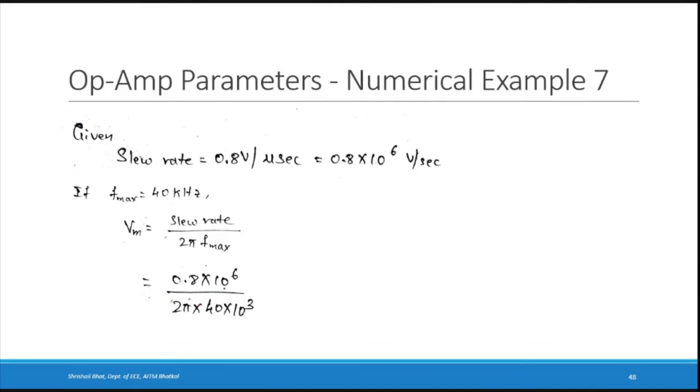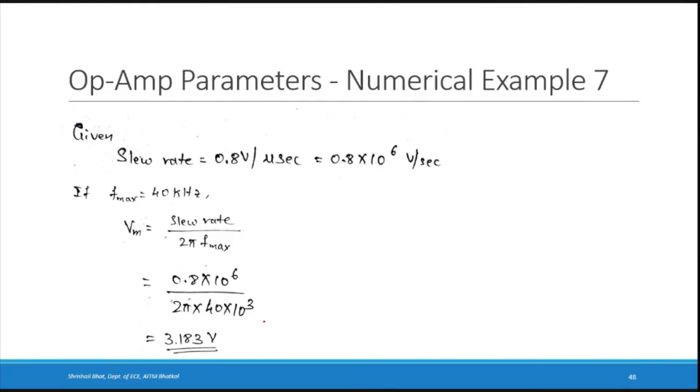So 0.8 into 10 raised to 6 divided by 2 pi, f max is 40 into 10 raised to 3. Calculate this. 3.183. Yes, so that's the maximum amplitude. Vm is the peak value or maximum value of the output voltage, that is 3.183.